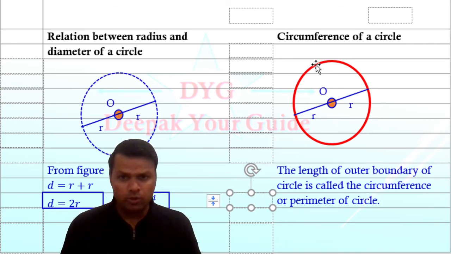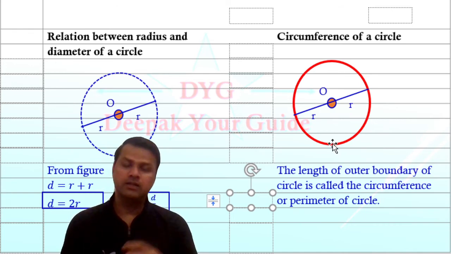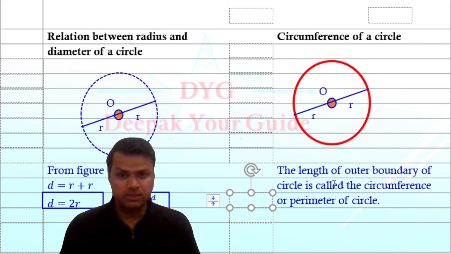So this total outer portion that you see in the red, this is known as the circumference or the perimeter of the circle.